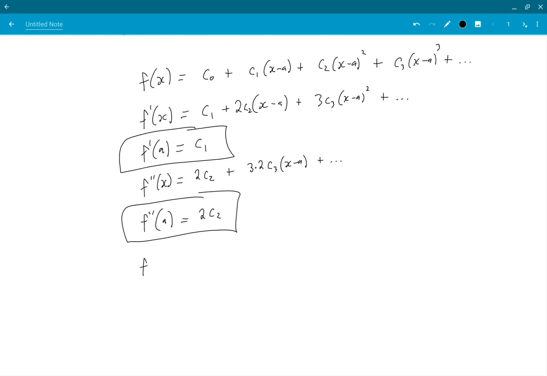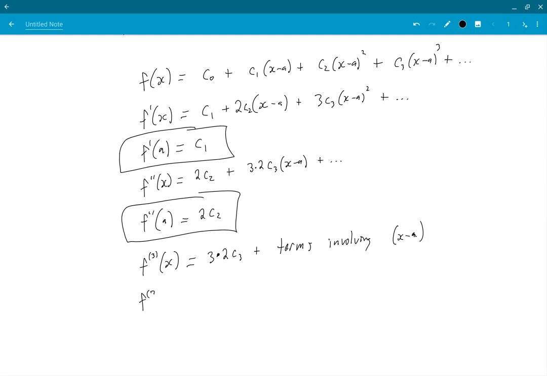So the third derivative, let's put a little bracket here, the third derivative of x is going to be 3 times 2 times C3 plus terms involving (x minus a).